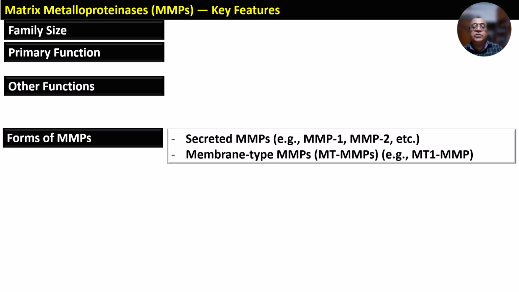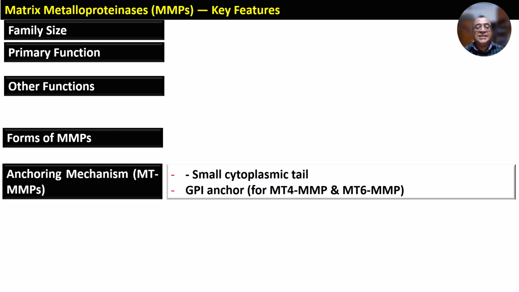The forms of MMPs are secreted ones, and they are termed as MMP1, 2, etc. And others are membrane type MMPs that are abbreviated as MT-MMPs, membrane type matrix metalloproteinases.